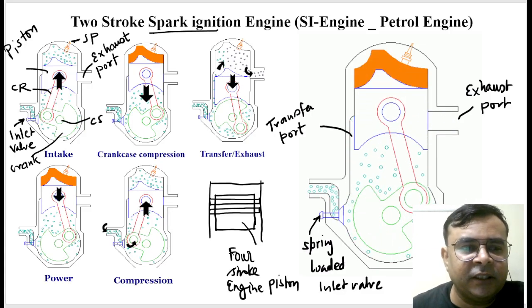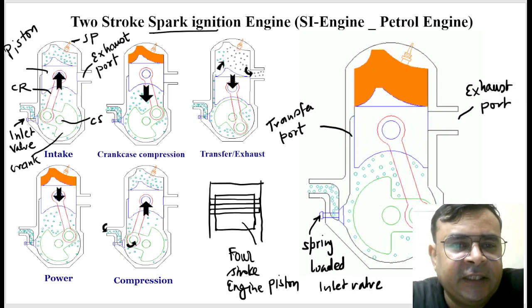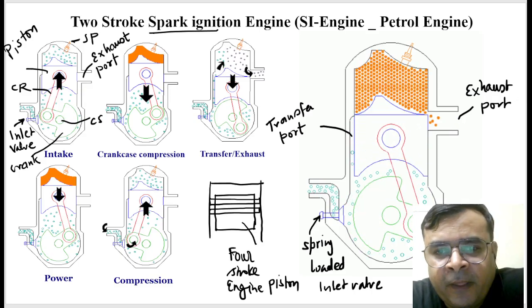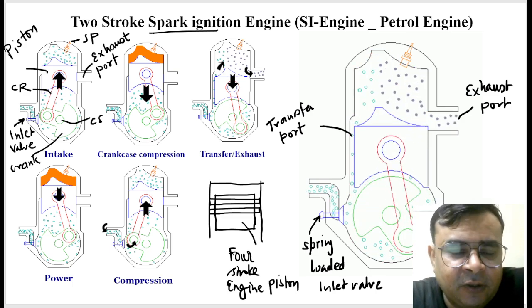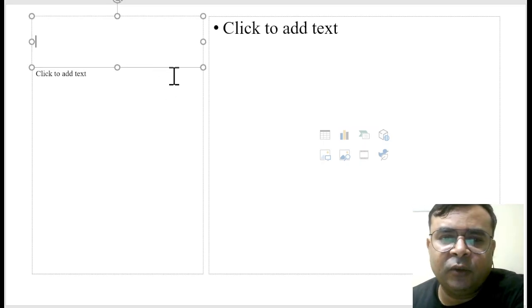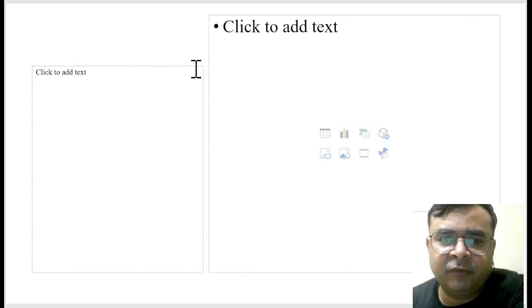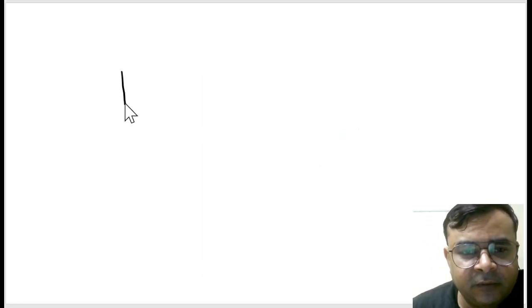So now the question is, you always face how to draw this figure. Sir, in the exam, the question may ask, draw a two-stroke engine and explain all the important parts of the two-stroke engine. So now I'm telling you how to draw this figure freehand, especially in your exam.